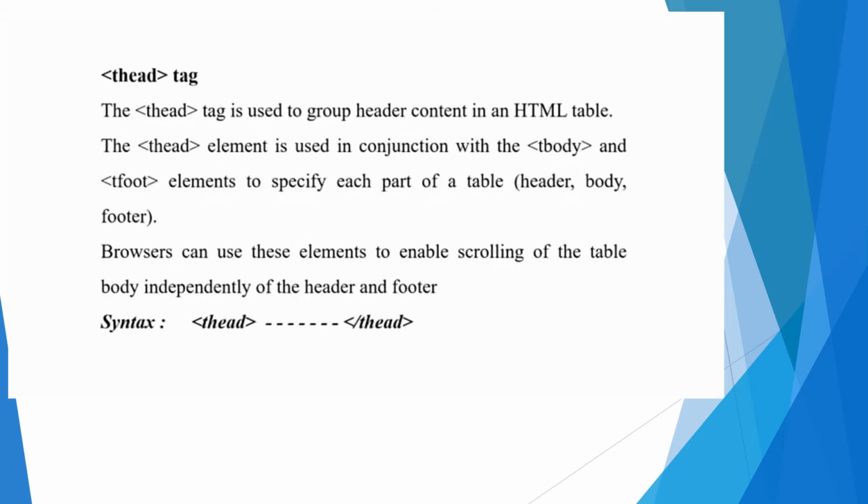T-head tag. This is used to group the header content. In the previous example, we have used th for header content, meaning for displaying fields of the table, we have used the th tag.